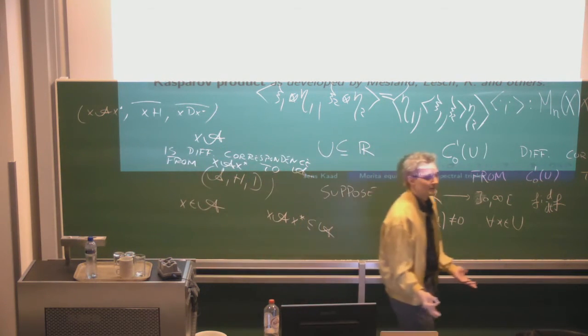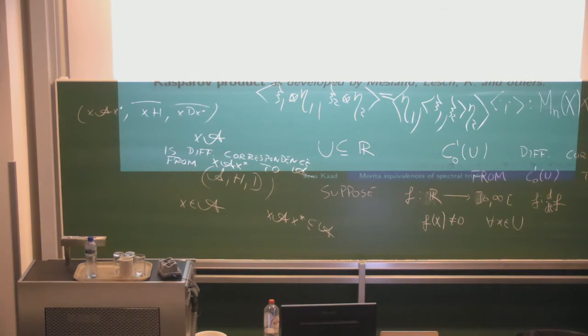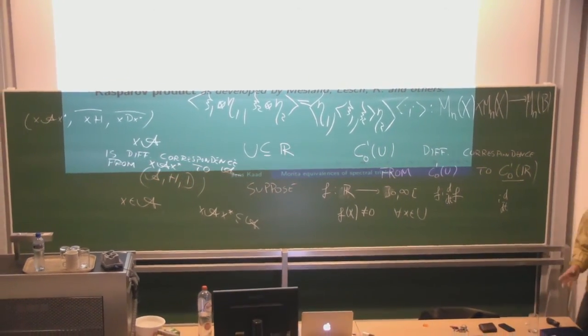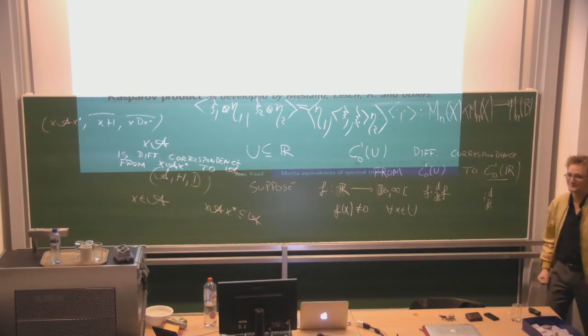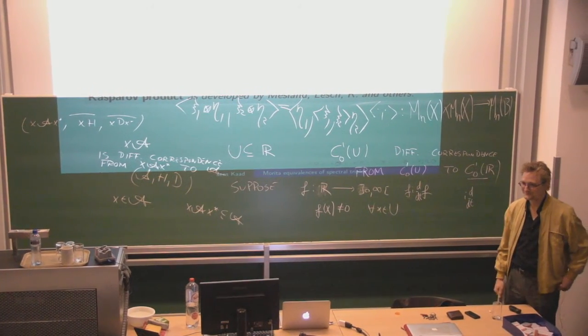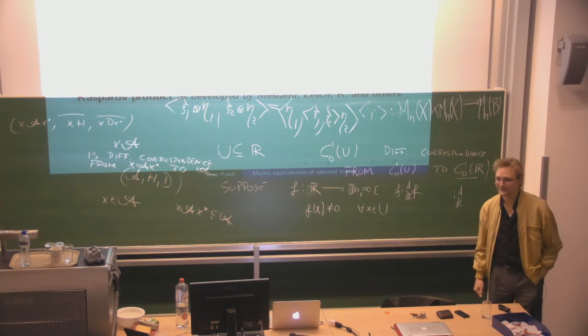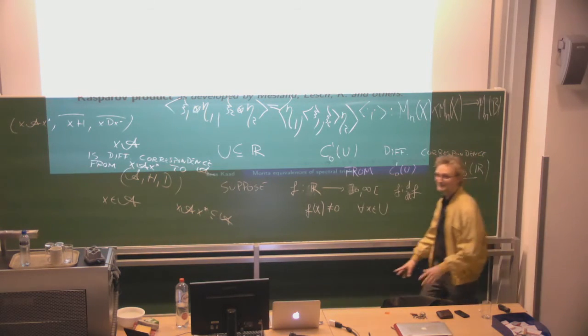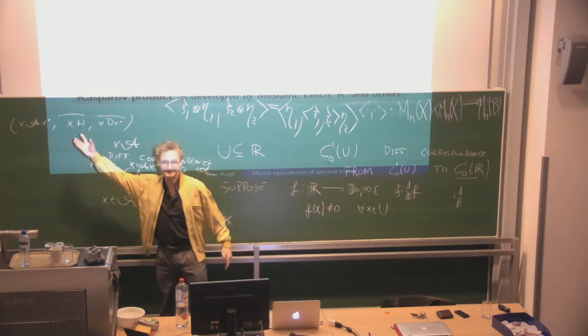But when A is noncommutative, this is going to be twisted. I mean, it's a very natural construction, but things become twisted. You can see it goes like this.